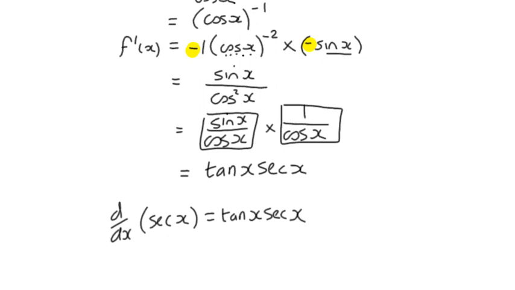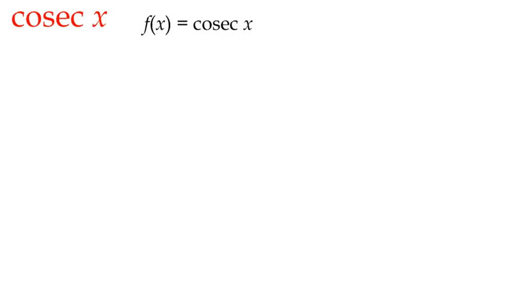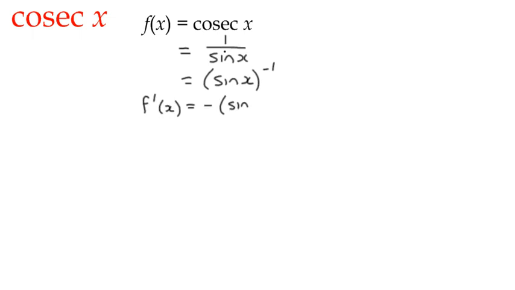Okay, moving on. The next one is quite similar in starting point. We're going to find the derivative of cosec x, which is not 1 over cosec, but this time it's 1 over sine x, which means that we can represent it as sine x to the power -1, which means that the derivative will be negative sine x to the power -2 multiplied by the derivative of the term in the bracket, which is cos x.